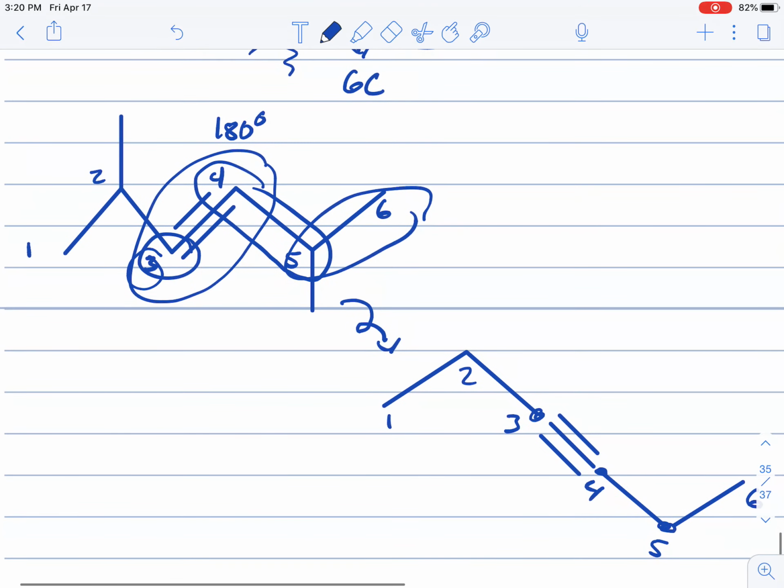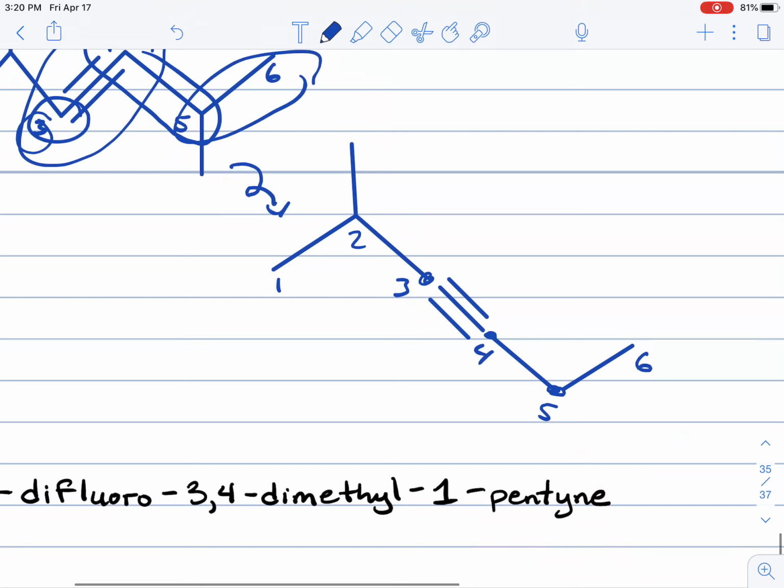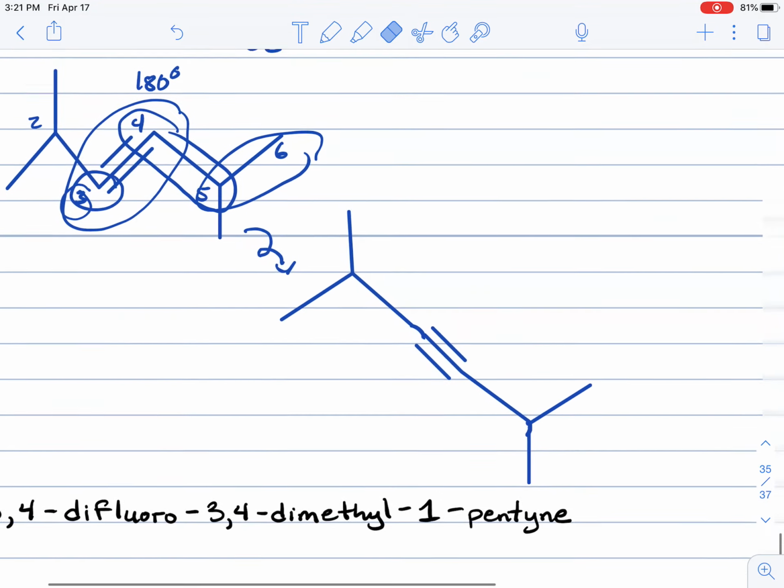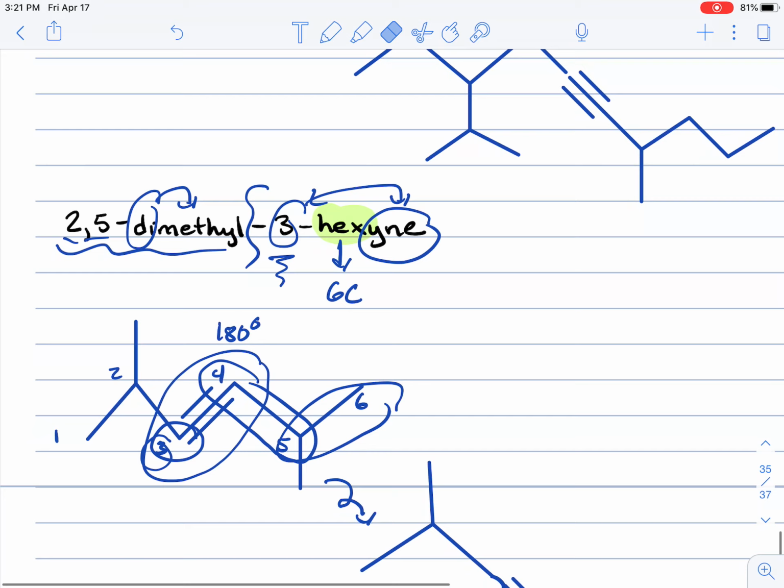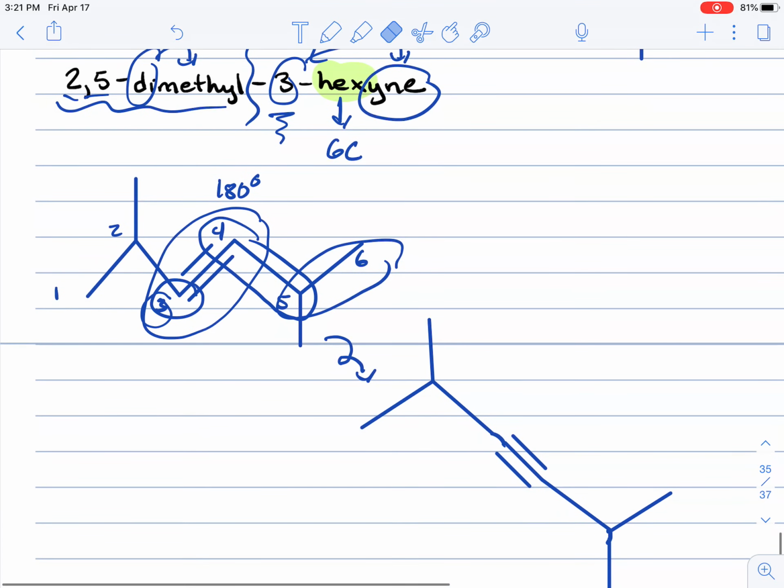So I have a methyl group on carbon 2. And then I have a methyl group on carbon 5. And if I erase all of these extra stuff that I've placed, okay, this is going to be the organic structure, the skeletal structure for this organic compound.